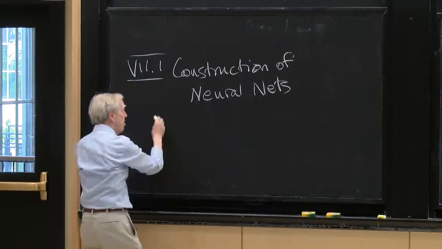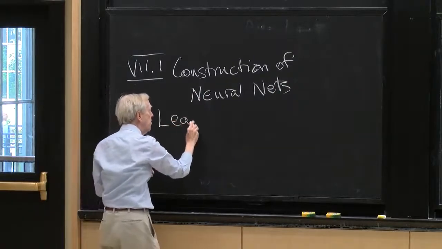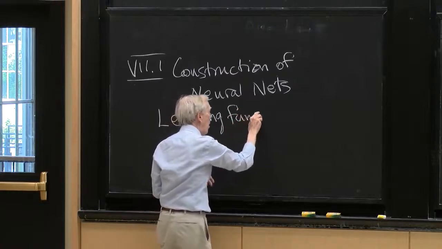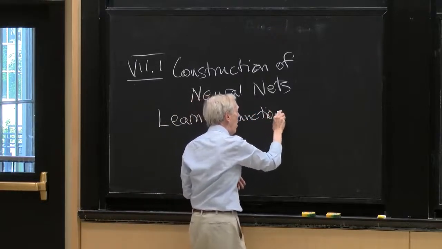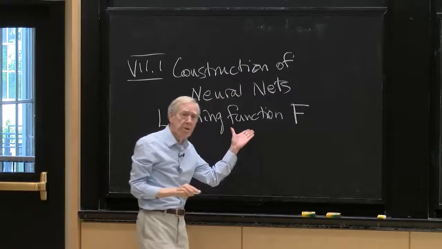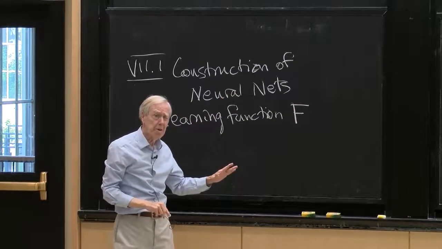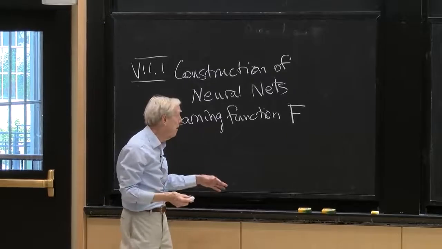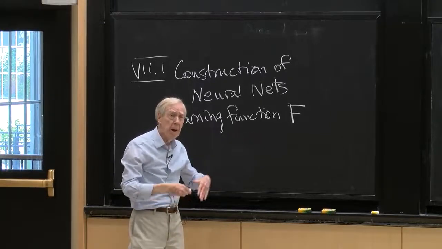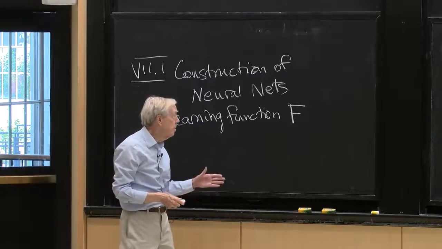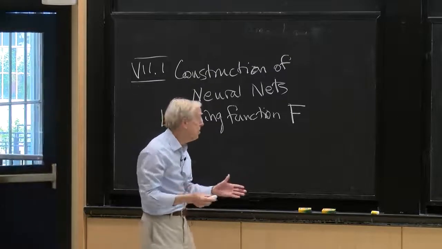Really, it's a construction of the learning function F. That's the function that you optimize by gradient descent or stochastic gradient descent, and you apply to the training data to minimize the loss.